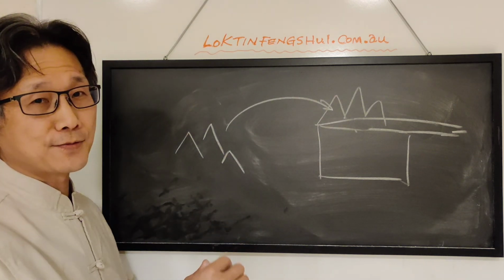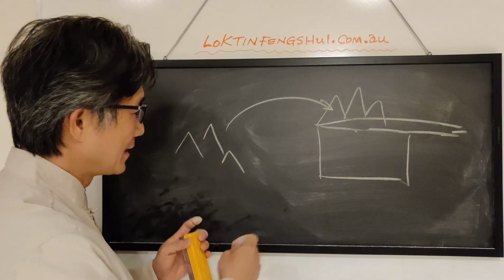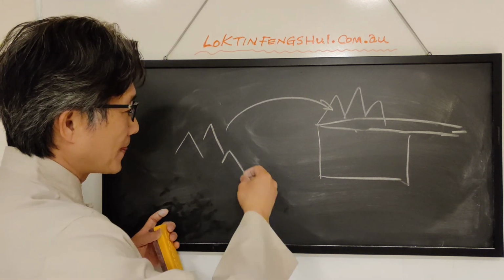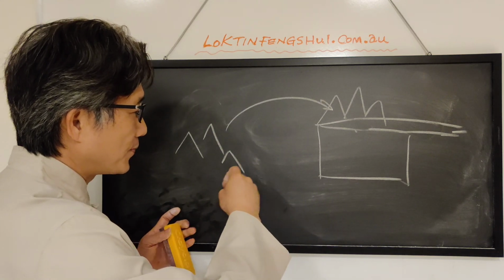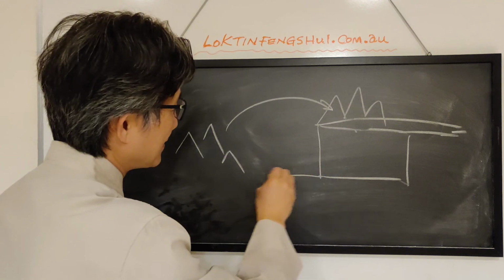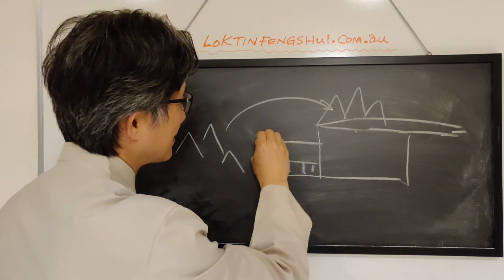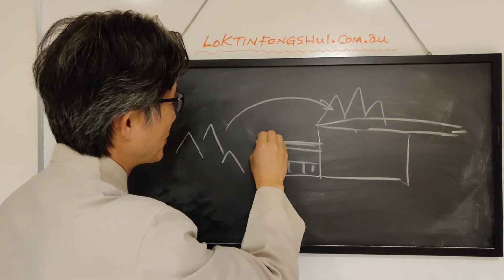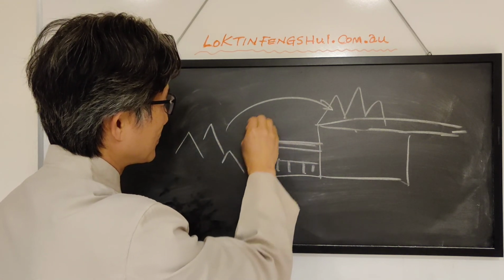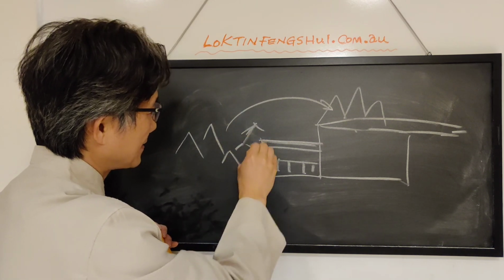I believe if you go out for a walk, you will sometimes see people's gates, let's say they have a fence here and a fence at the other side, and then they build a flat roof gate.